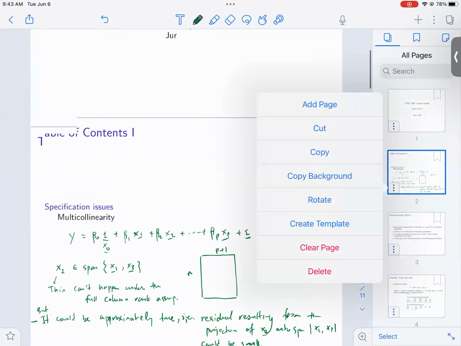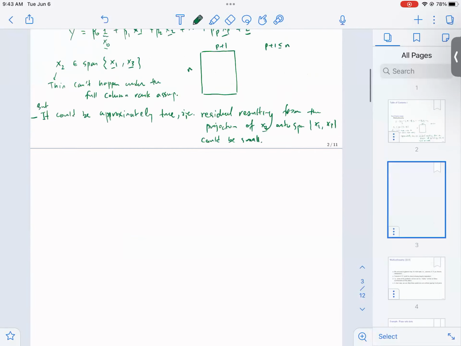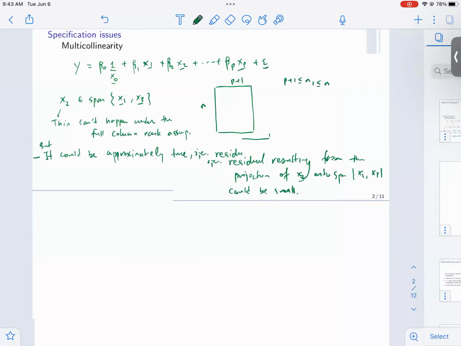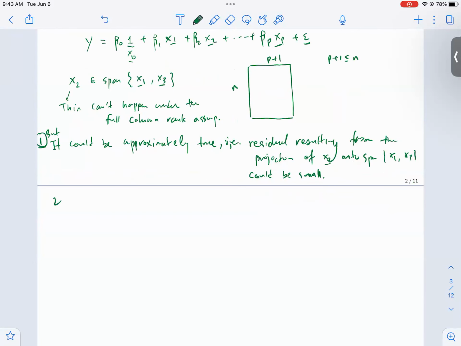So the statement that I mentioned there is sort of equivalent, equivalently, if we regress x2 onto x1 and x3.